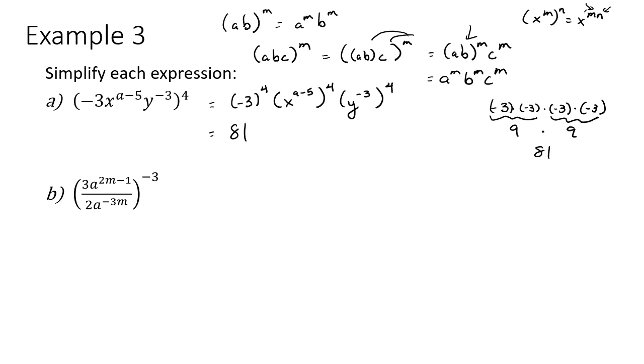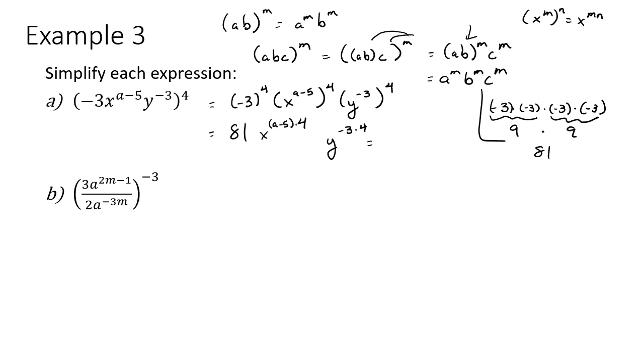So if you've got one in multiple terms, put it in parentheses because it's going to have to distribute. So this is going to be x. The entire exponent of a minus 5 needs to be multiplied by that exponent of 4. That's going to have to distribute through. The second one is significantly easier because there's just one term. That's going to be y to the negative 3 times 4.